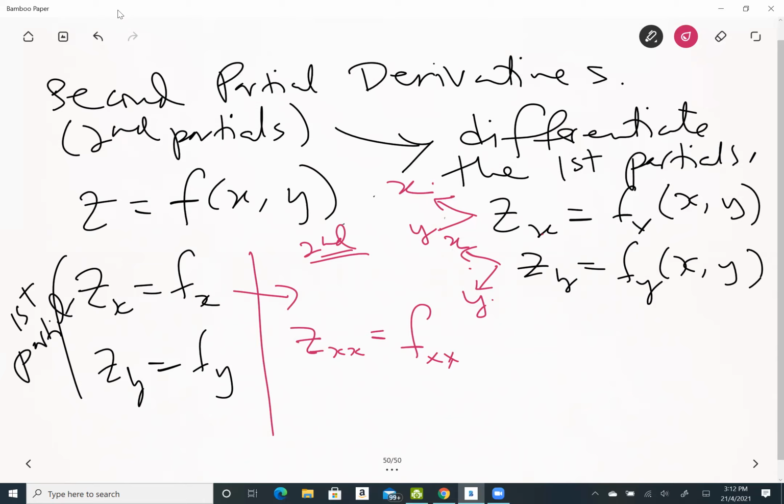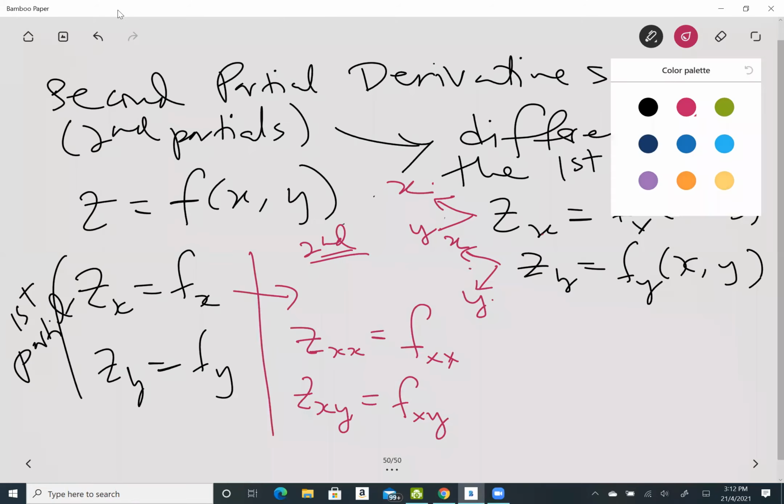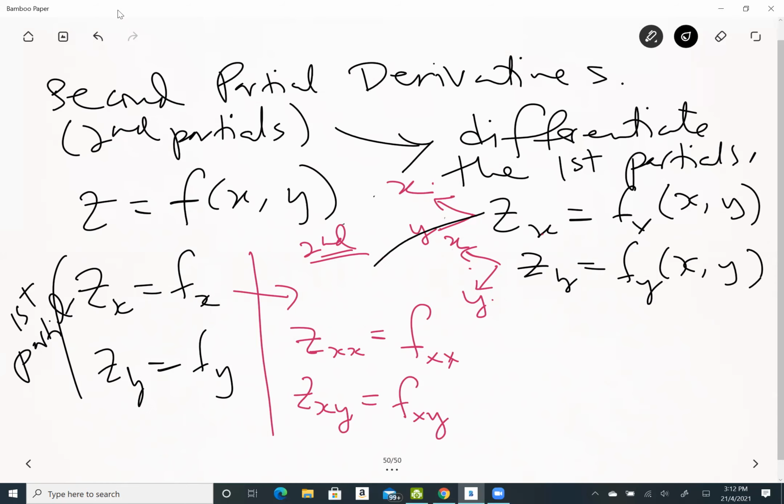Now, I also take the derivative of zx with respect to y. That is equal to fxy. So you can think of it as the first one.